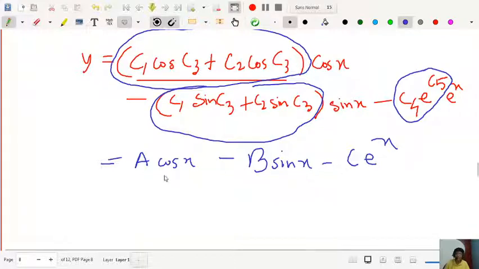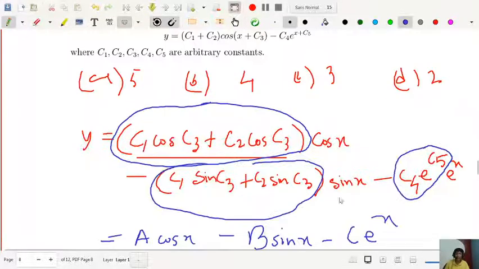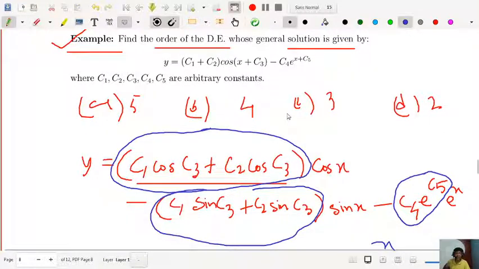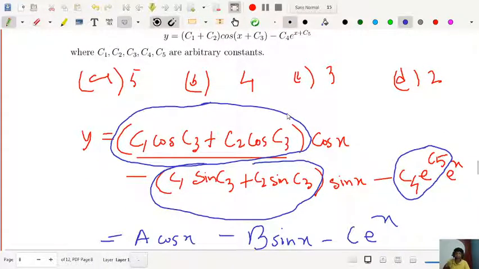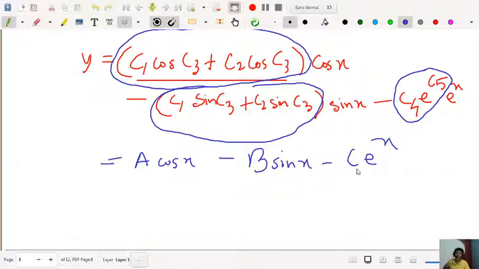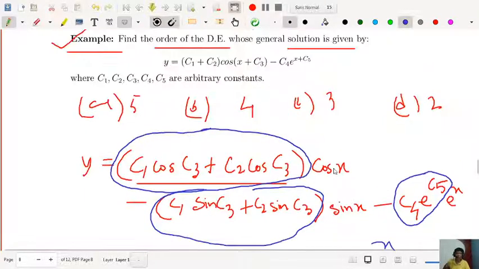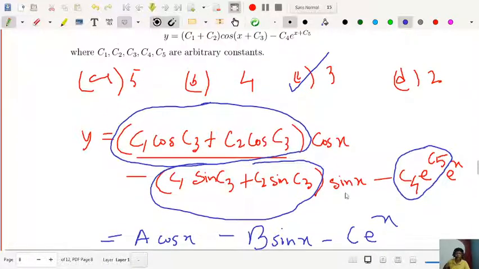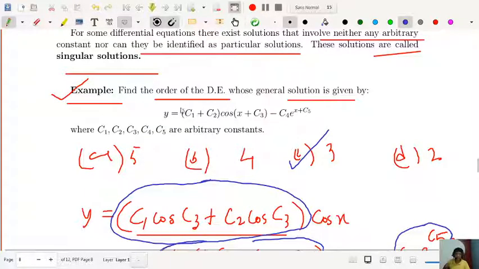A, B, C, and these are independent. But previously the 5 arbitrary constants were not independent, so be careful about that. Lastly you have 3 independent arbitrary constants, so the order of the differential equation will be 3. In the previous case, the arbitrary constants were dependent.